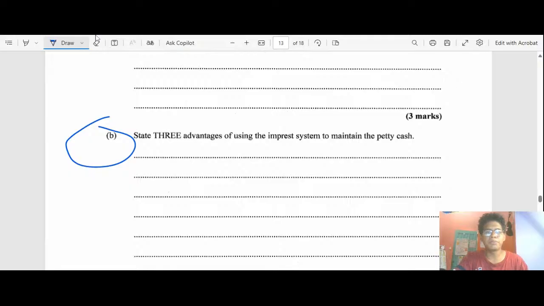Let me just put the Imprest system on top here so you guys can see. We put up the whole screen so you guys can see how an Imprest system looks.